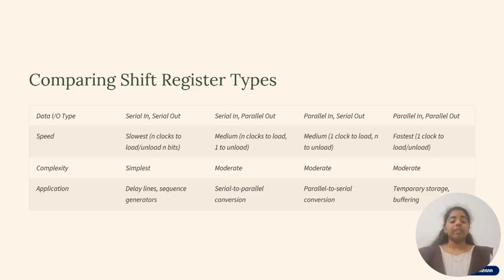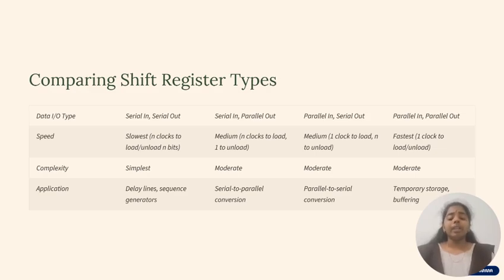Now let's check the comparison of shift register types. We discussed four types: serial in serial out, serial in parallel out, parallel in serial out, and parallel in parallel out. Now, speed. First, serial in serial out is slower because it takes clock pulses to load and unload a bit.